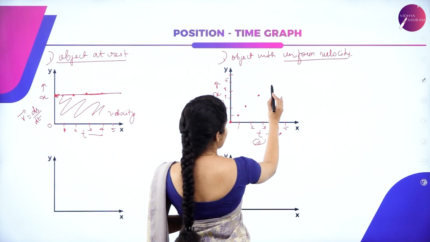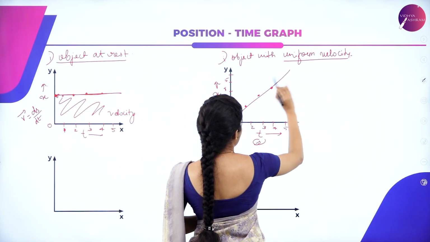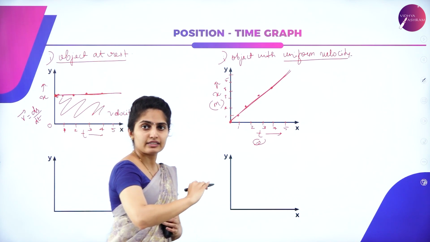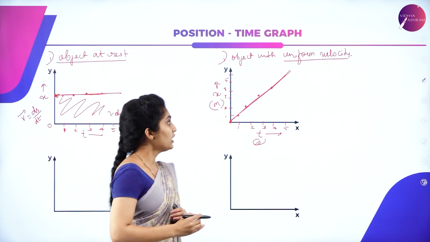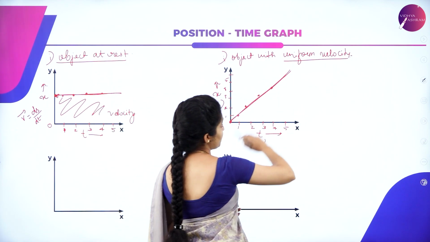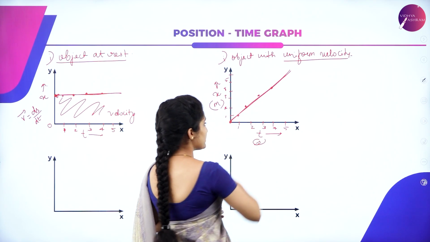Again at the 4th second, it moves 4 meters. So when you draw a line, you get a straight line, a completely slanted, straight slope. You can consider that as uniform. When the object is moving with a uniform velocity, you get such a graph.